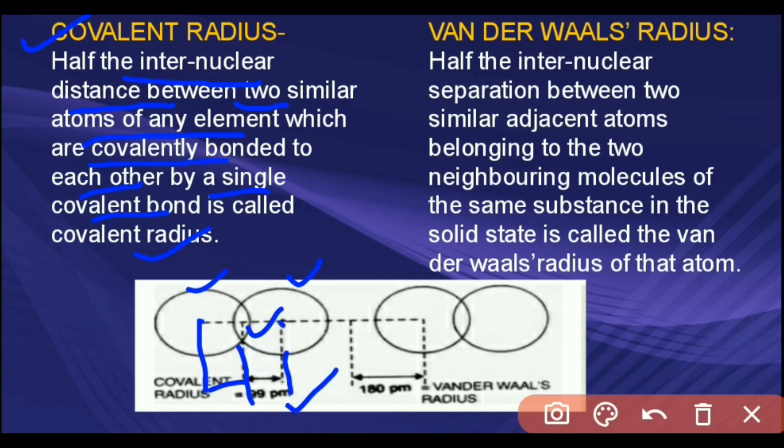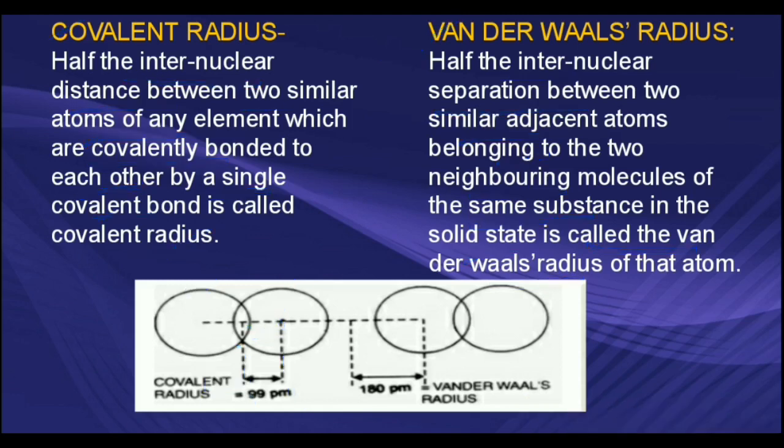Next radius is van der Waals radius, and it is the internuclear separation between two similar adjacent atoms belonging to neighboring molecules of the same substance in the solid state. So we can understand by this diagram.